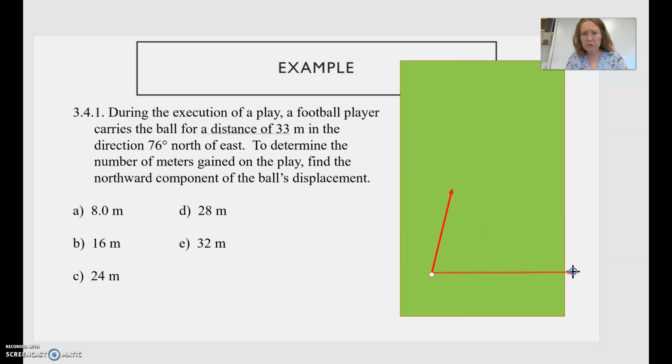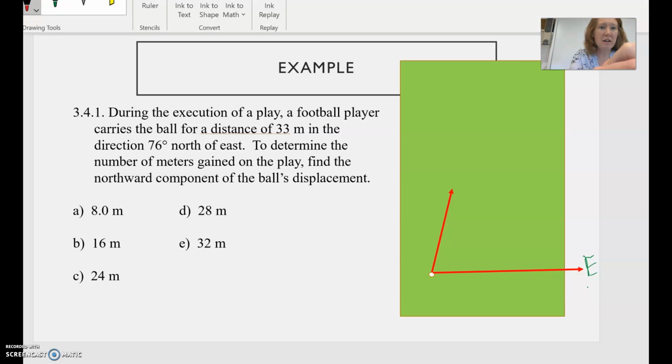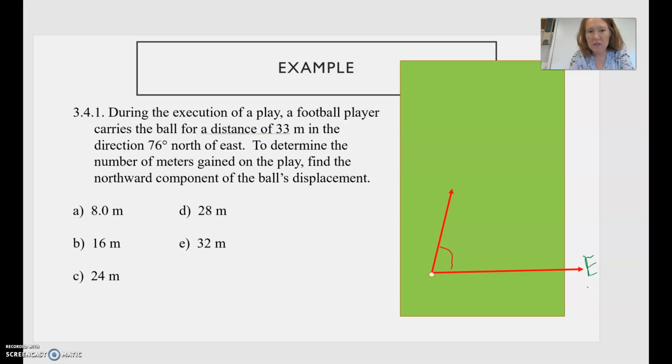Here's my x-axis, here's east. It's almost east now, and this angle here is about 76 degrees, just so I have a diagram to look at. And then when they tell me the distance the football player is running, they're telling me the hypotenuse, 33 meters. Then they want to know, find the northward component of displacement.